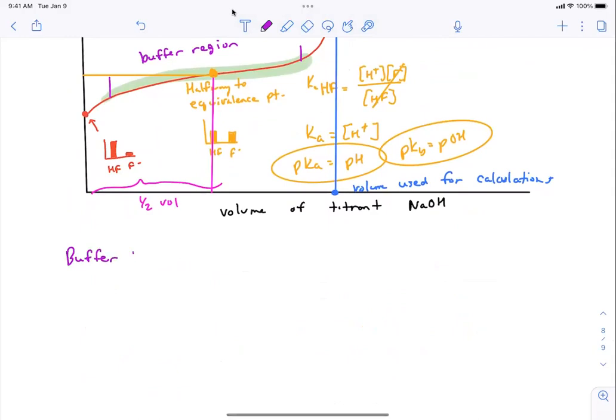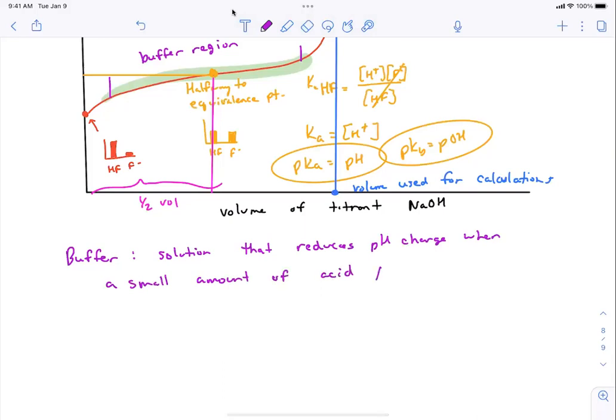So a buffer is a solution that reduces pH change when a small amount of acid or base is added.